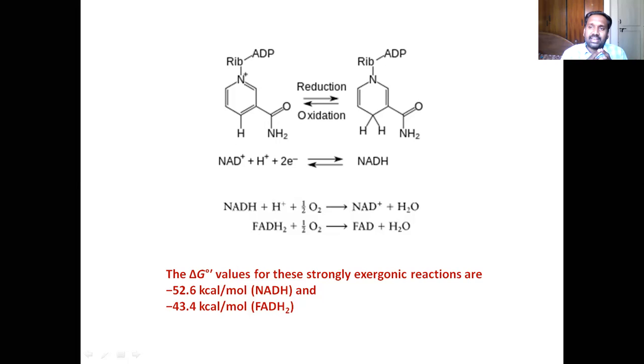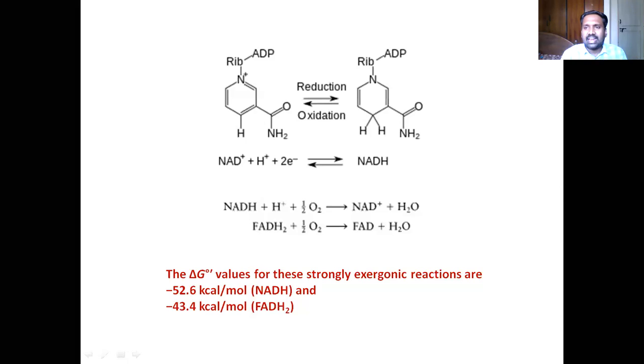Therefore, what the cells have done, they have taken a different route. Instead of single-step oxidation of NADH, multi-step oxidation of NADH. So in every step, energy is released slowly. And of course, we should all recall the laws of thermodynamics. If a reaction is done in one step or in multiple steps, as long as the reactants and products are the same, the total energy input and output is the same, right?